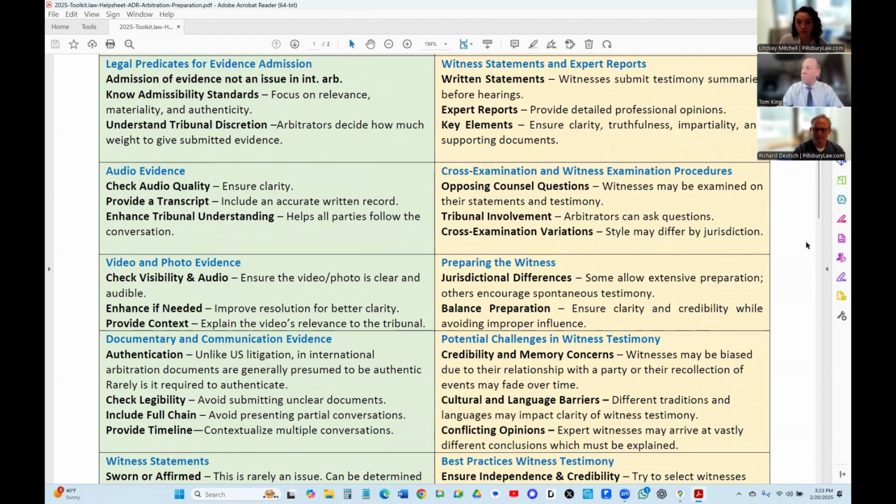So generally, a critical characteristic of a witness statement or an expert report is that you want it to be a clear and structured presentation of facts. So very easy to read. Again, like Rich said, not trying to get too cute with it. And you generally have to include a declaration that the statements given are true.